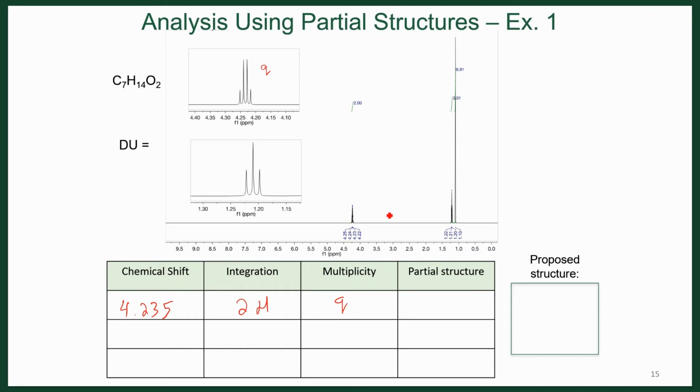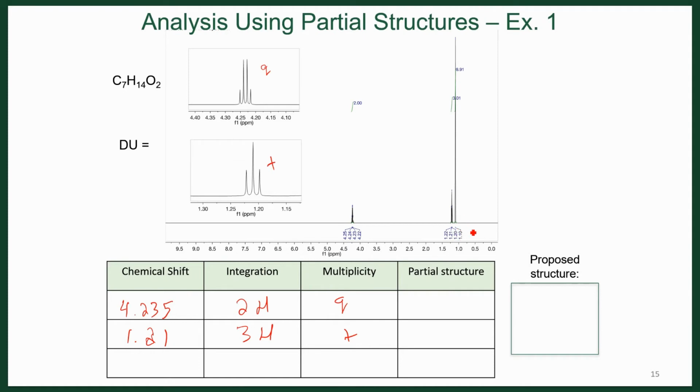All right. My next signal here has its center at 1.21 parts per million. And it integrates for a value of 3, so it's 3 hydrogens here. And it is in a 1 to 2 to 1 intensity ratio, so it is a triplet.